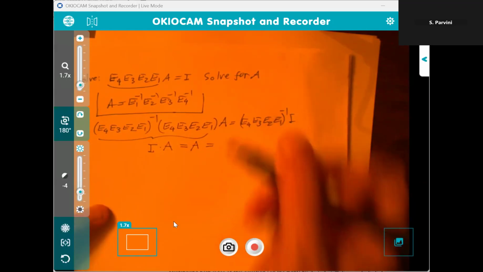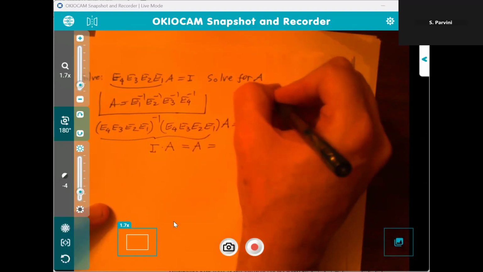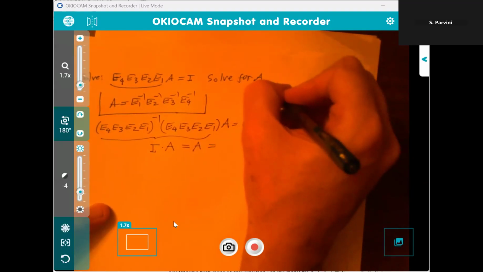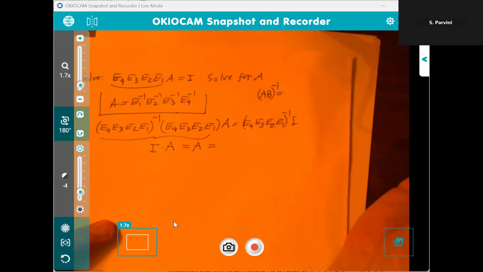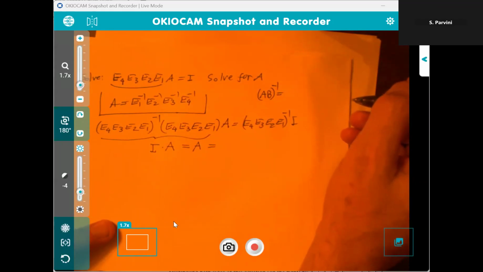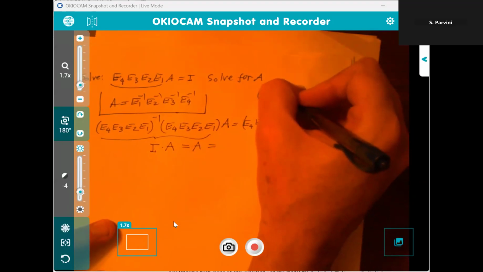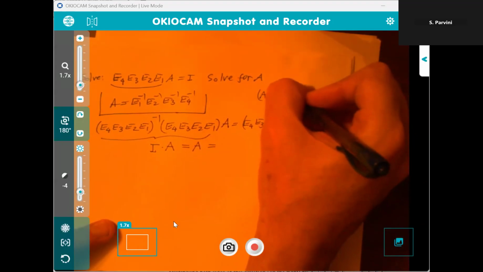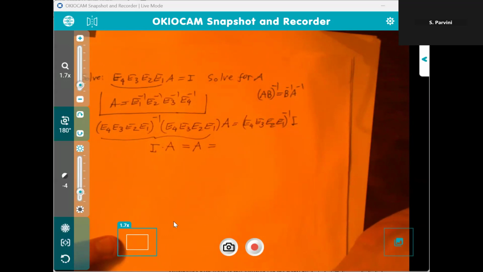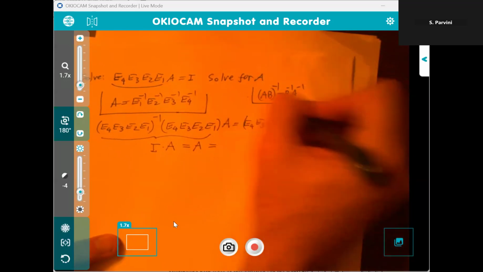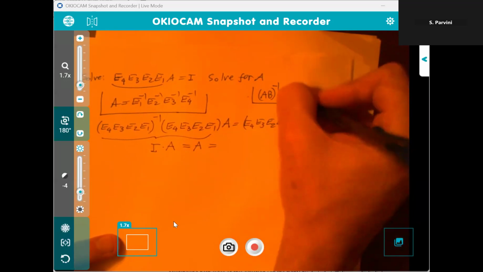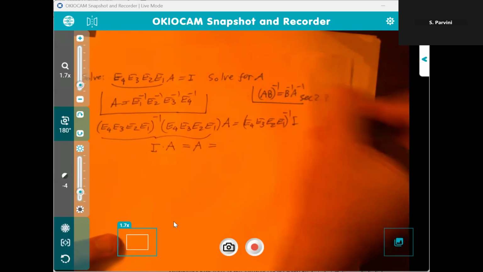Remember AB inverse? Let me write that one. This is from a previous section. What is AB inverse? Isn't that B inverse, A inverse? This is from section 2.3.